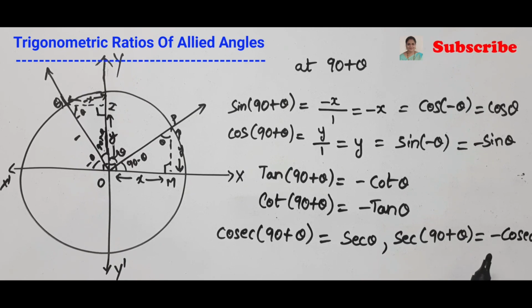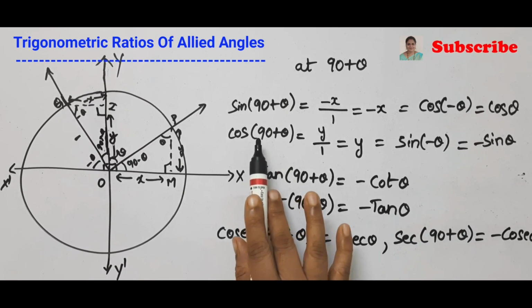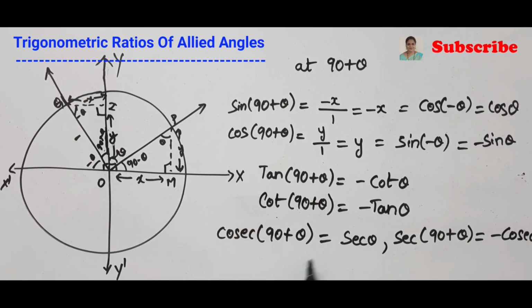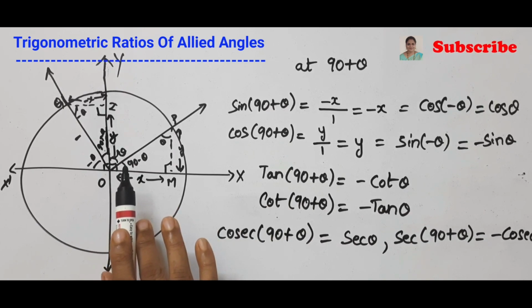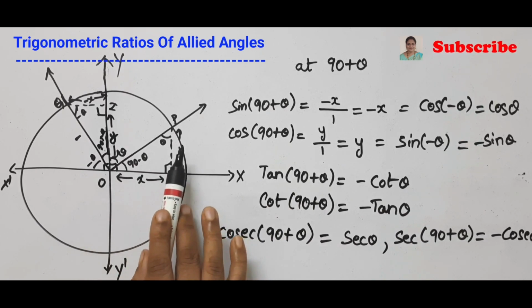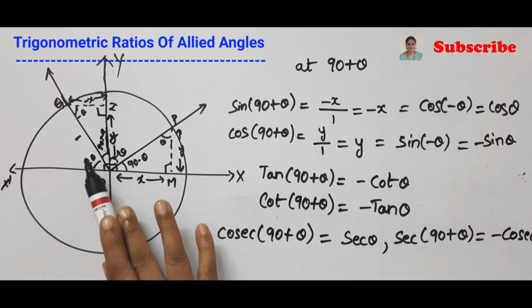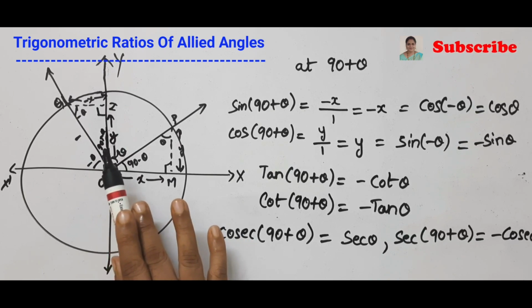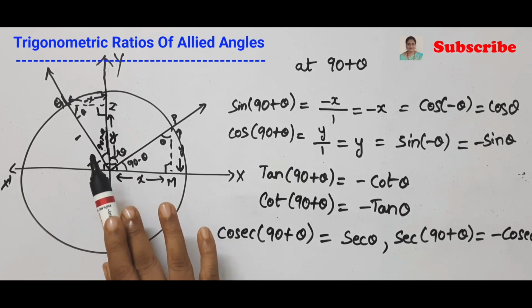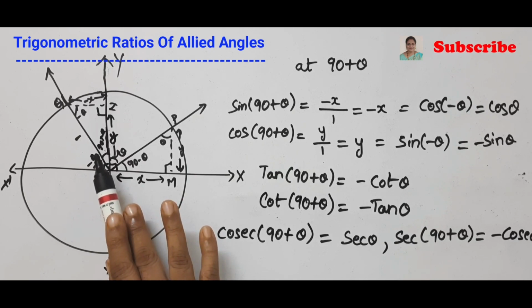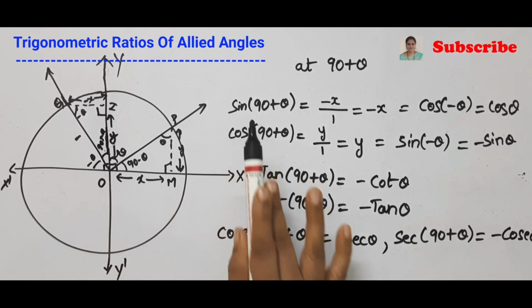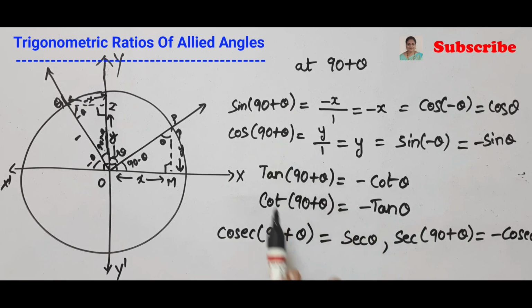Now if you observe, at angle 90 plus theta, sine and cosecant are positive, remaining all are negative. As we studied in the previous video, 90 plus theta is in the second quadrant. So in the second quadrant, all the ratios will be negative except sine and cosecant, is it not? So here we got sine as positive and cosecant as positive, and the remaining trigonometric ratios are negative.